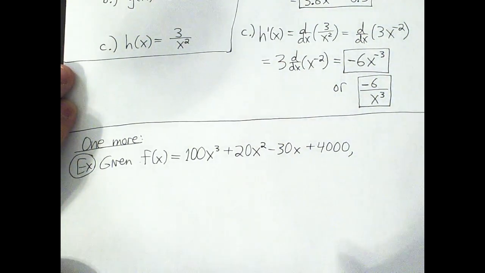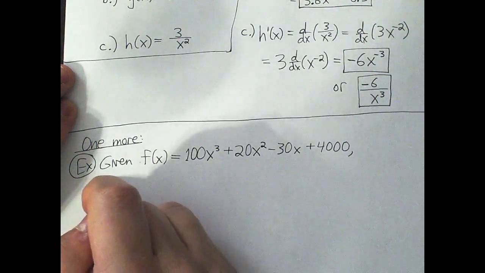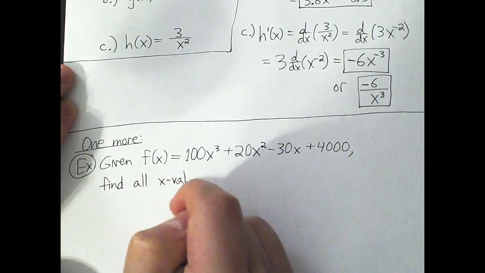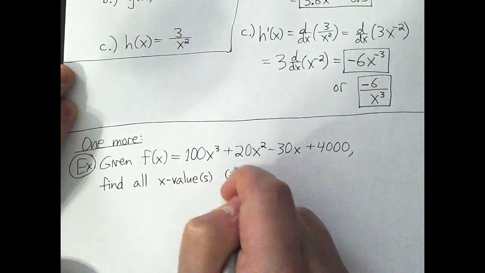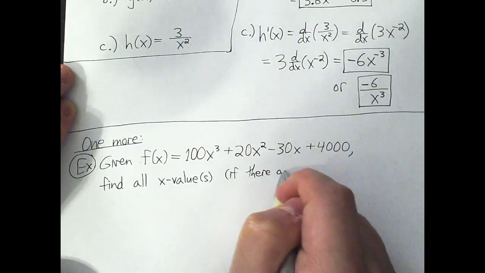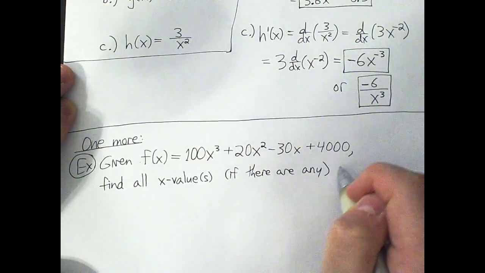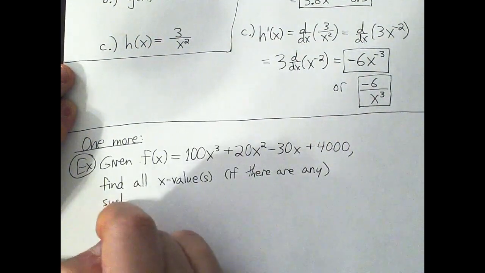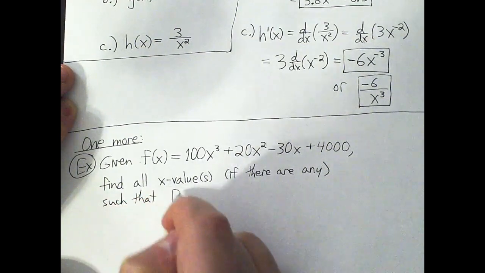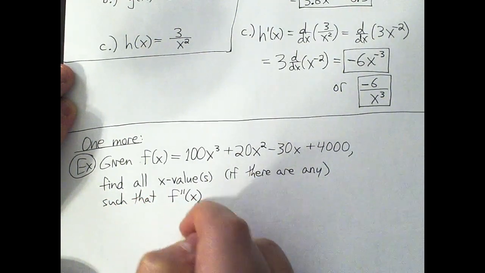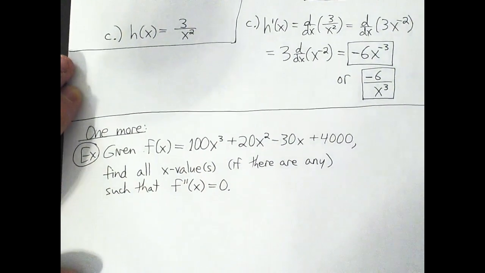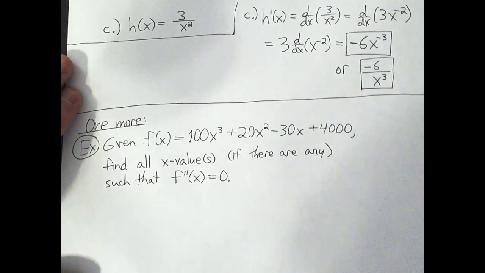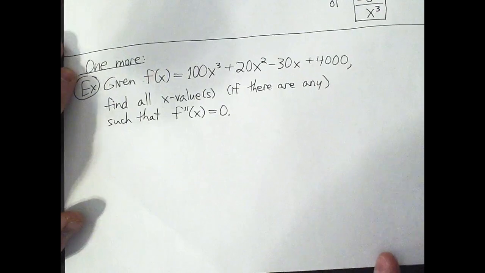And this problem is going to say, find all x values, if there are any, such that f double prime of x equals 0. Find all x values such that f double prime of x equals 0. So this is a place where you could pause and give this a try.